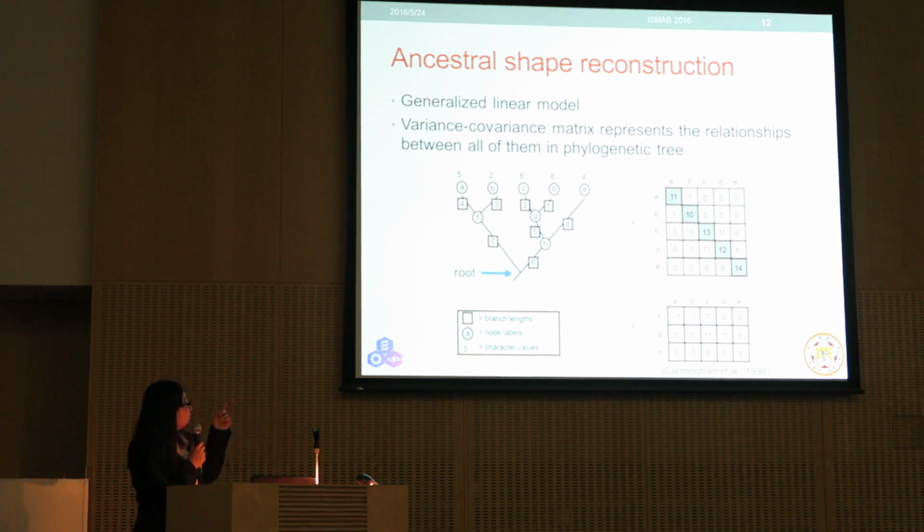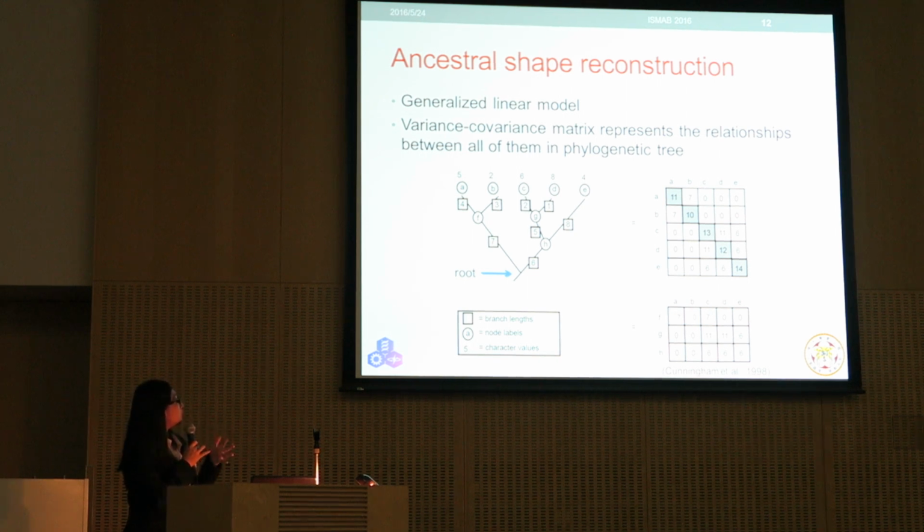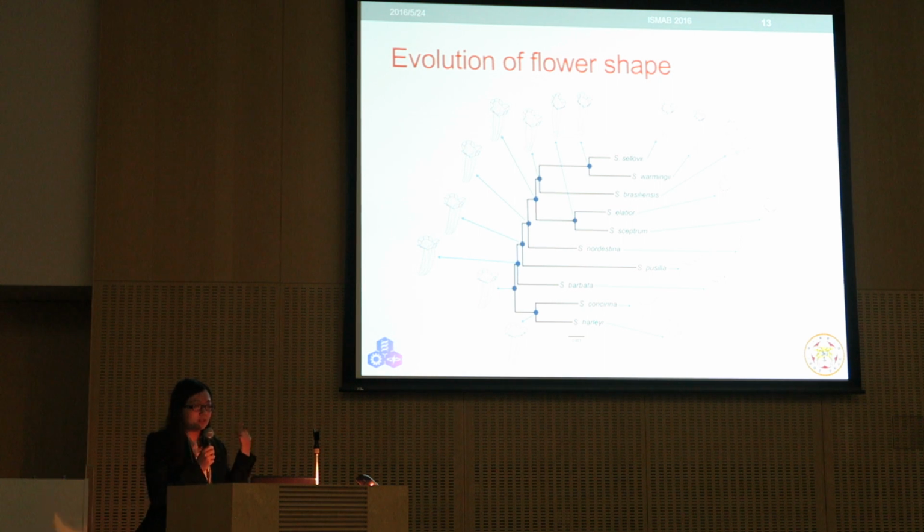For example, there is a phylogenetic tree, and A to E are the extant species, and the input data of A is 5, B is 2, C is 6, D is 8, and E is 4. So we can use branch length to obtain the variance covariance matrix. So we can get the evolution of flower shape.